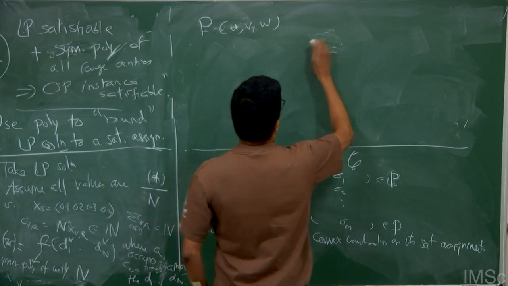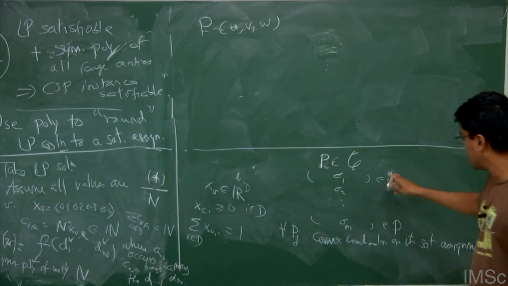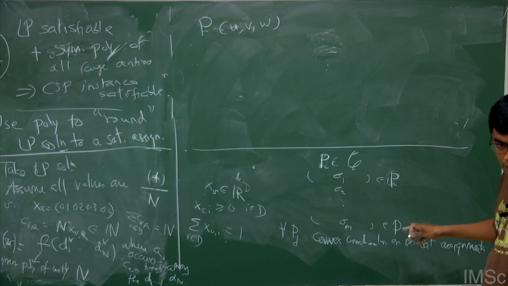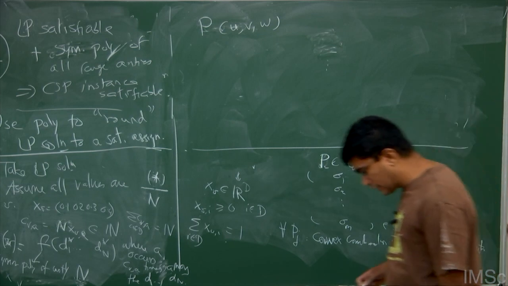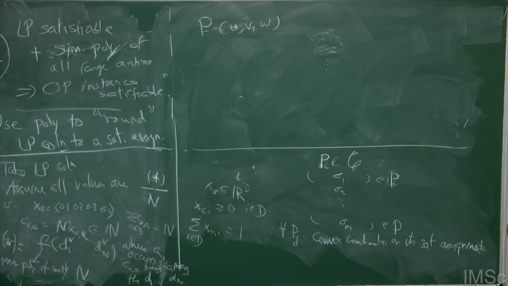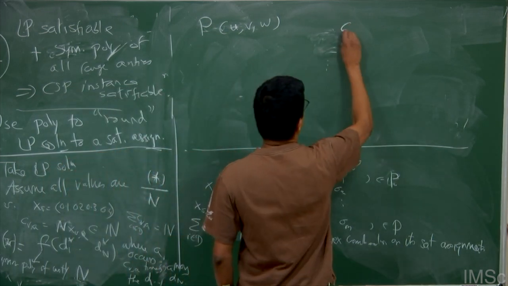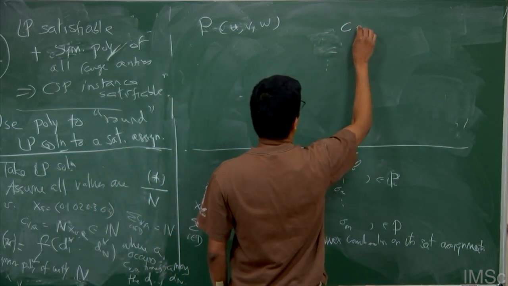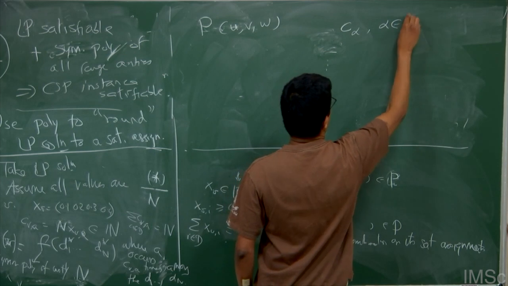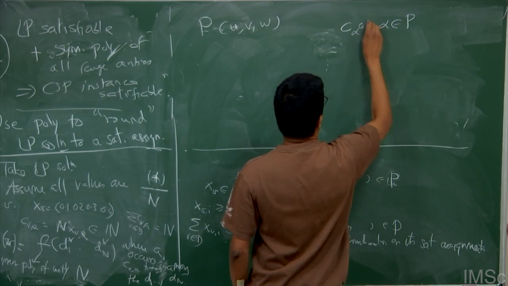You know that there is a distribution on satisfying assignments in P. Okay. So once again, you can clear denominators by multiplying the distribution by n. You get a frequency count of different satisfying assignments for this. So you are basically going to get some counts C_alpha for alpha in P. Okay, so these are numbers.